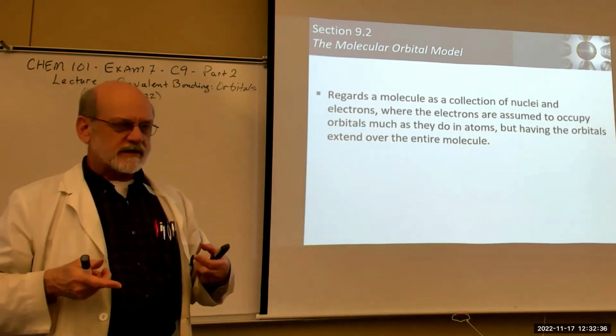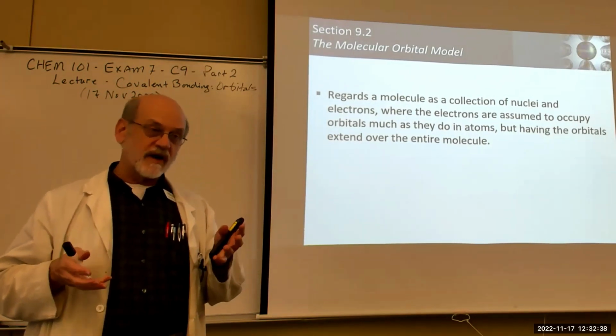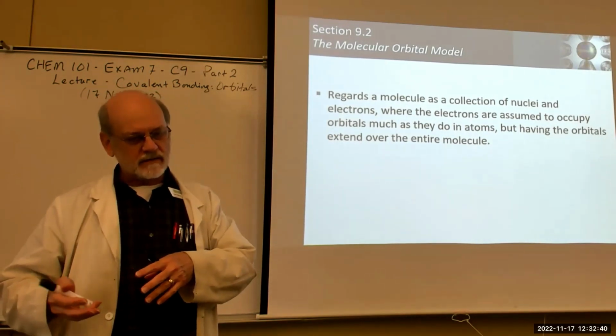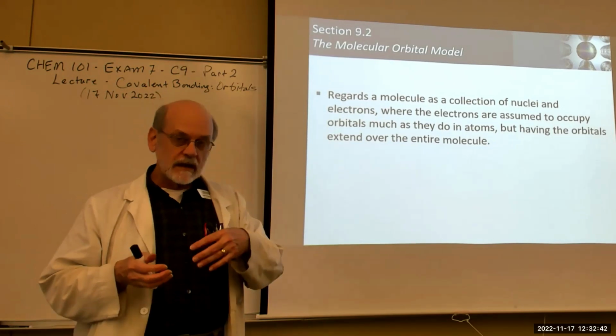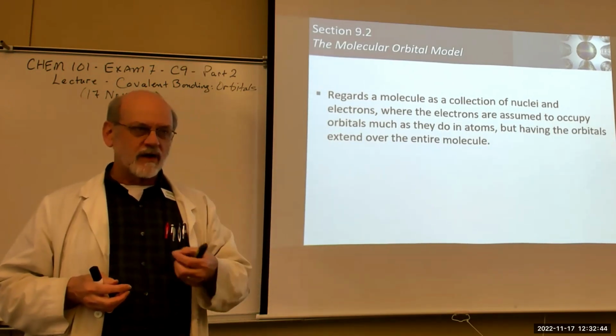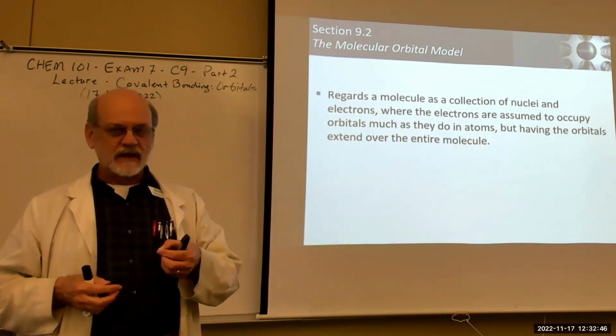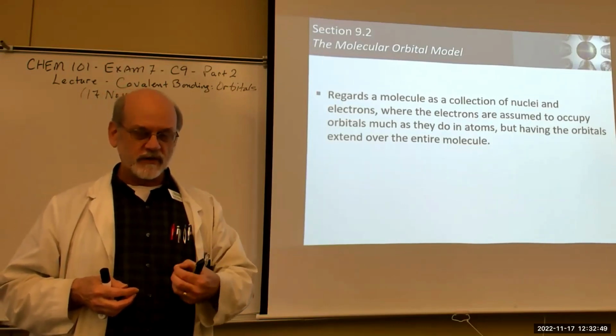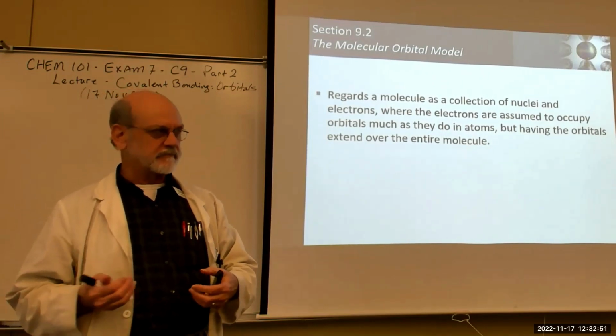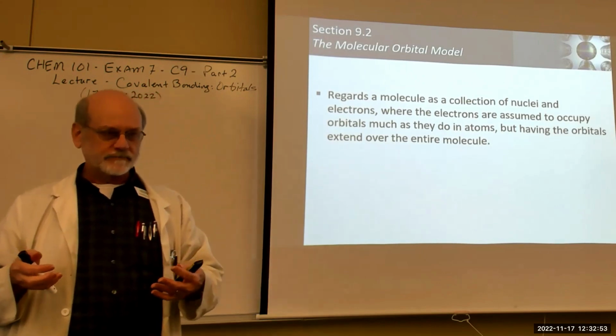Remember the localized electron model, the valence bond theory, and the localized electron model, which is derived from it, assumes that electrons belong to each atom, and they're not completely given up in a covalent arrangement. They're just shared.